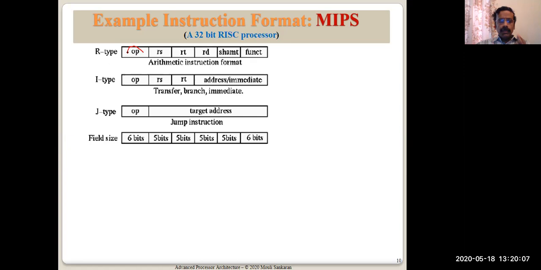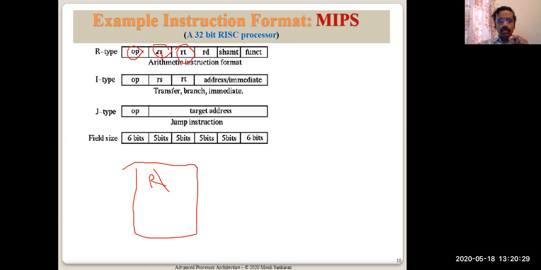So the operation to be performed is available here, and then two operands, which are the registers. Suppose a processor has 32 registers, R0 to R31. If the value is 001, it means R1, the first operand is R1.